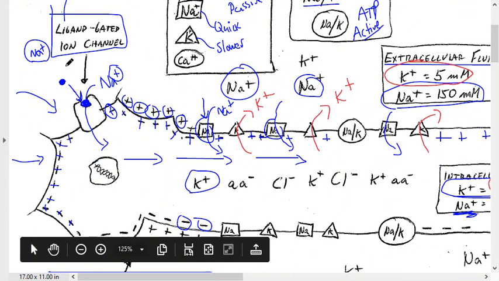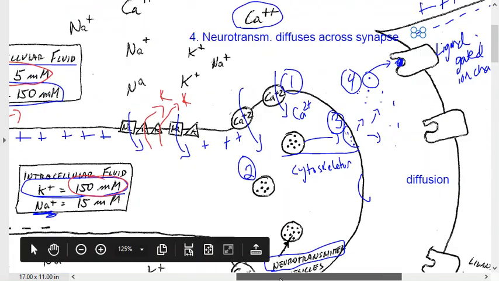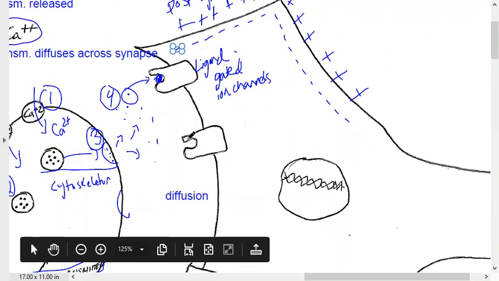So this ligand that we started with is a neurotransmitter from the previous neuron. That's where it comes from, right?